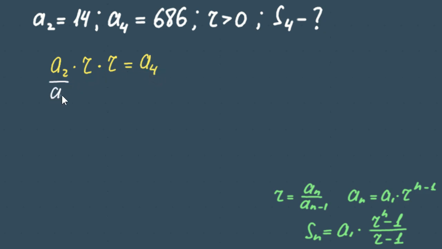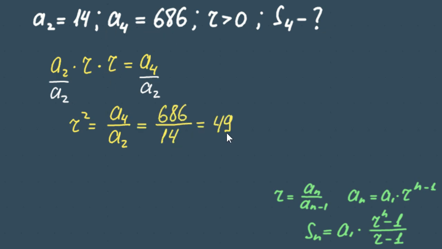I divide the left and right parts of the equality by the second term of the geometric progression. And I write r multiplied by r as r to the second power. I substitute the numbers. And now I need to solve the simplest quadratic equation. And since r is a positive number, I only need a positive solution of the quadratic equation.